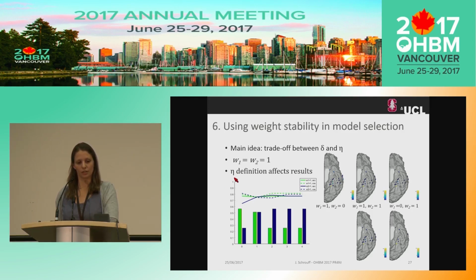And of course, the definition of instability, of the weight stability or interpretability, is going to affect the results, not only in how you define it, but also how you compute the distance. To compute stability, you compute the distance between the weight map within each fold and the average weight map across all folds. And the way you define that distance is going to affect the results as well.